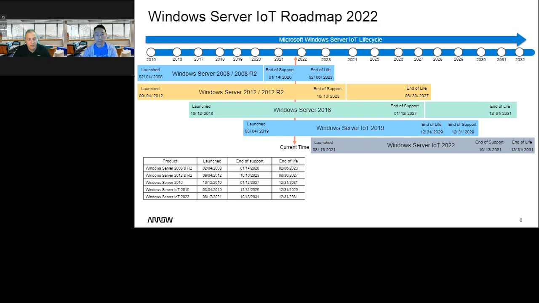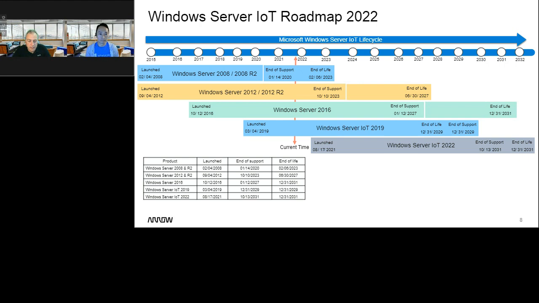You can still buy Windows Server 2008 and 2008 R2. The end of support has already started on those products, of course. And then you have access to extended security updates. But you can see that you could still get Server 2012 all the way until 2027 and Server 2016 all the way until 2031.